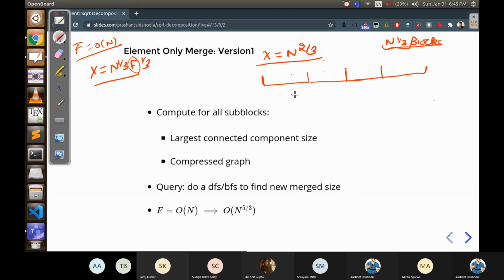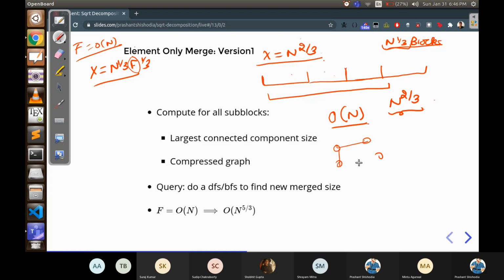So what we'll do here is, for each of those ranges, suppose this one, I'll store a graph that takes O(n) space. Okay, so there are n raised to 2 by 3 such pairs, right? N raised to 2 by 3 such pairs, and I'll store an O(n) graph for each. What I'll store is a compressed graph.